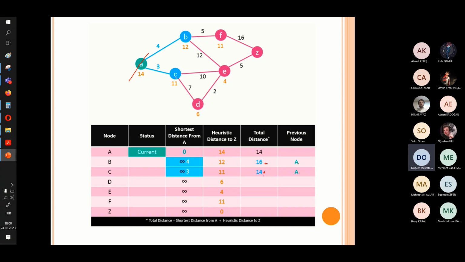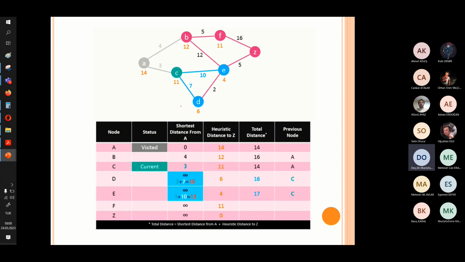So we will be expanding C and checking the cost of reaching Z through ACEZ or ACD, by using those nodes. Node A has been visited, so we ruled it out.